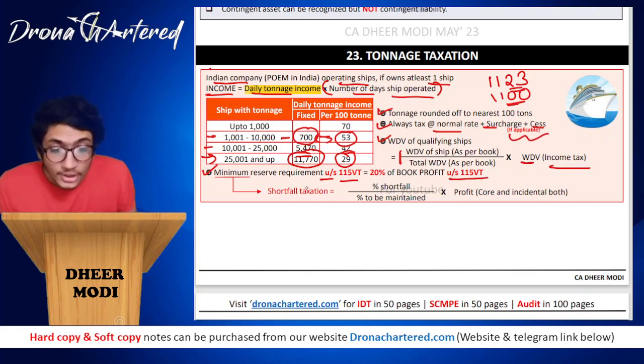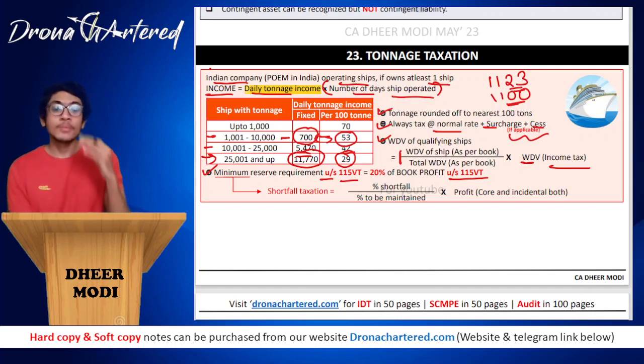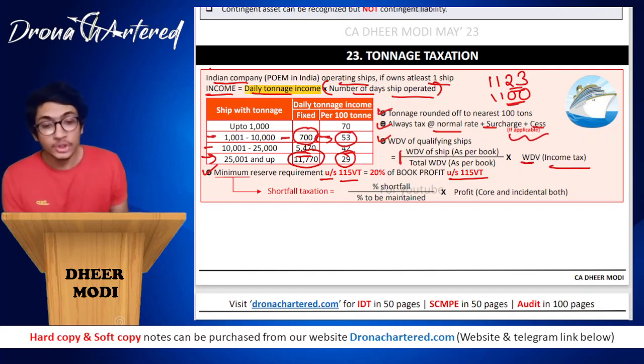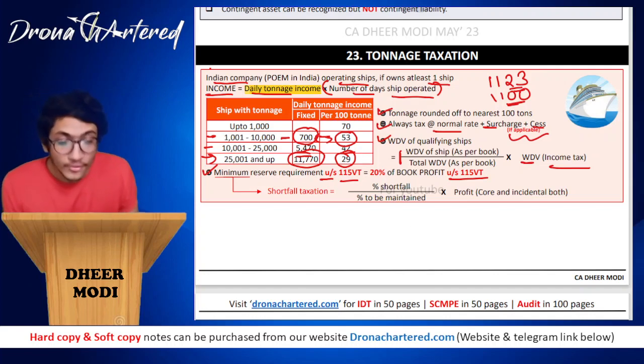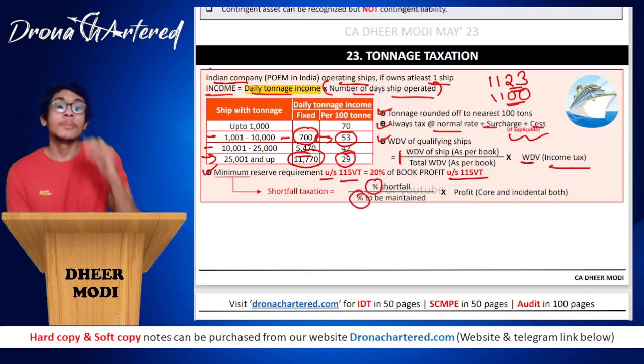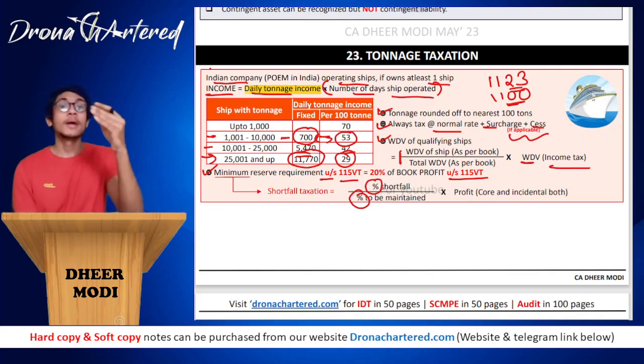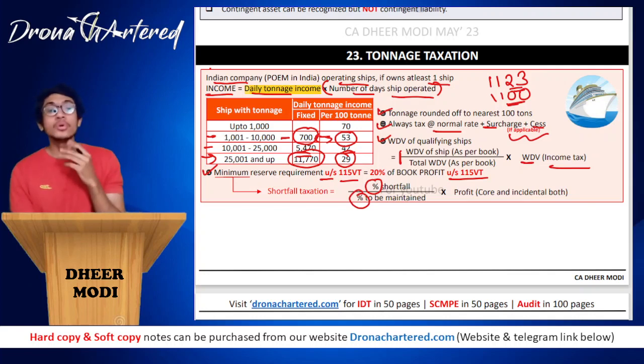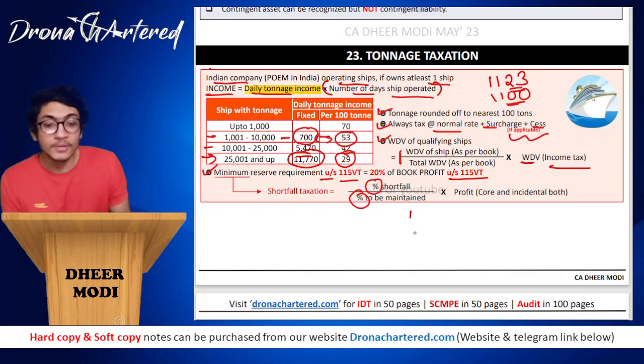Now, for any shortfall, if you have not been able to maintain that, how will the shortfall taxation be calculated? It is calculated as the percentage of shortfall upon the percentage to be maintained. You are calculating a ratio of by how much you fell short. For example, your shortfall was 1% and the percentage you have to maintain was 20%.